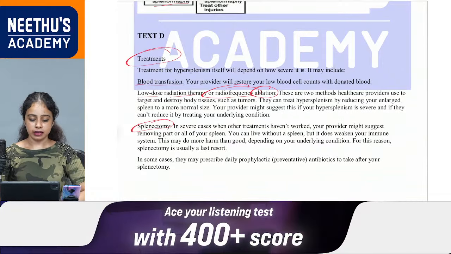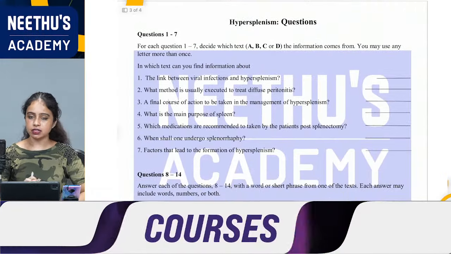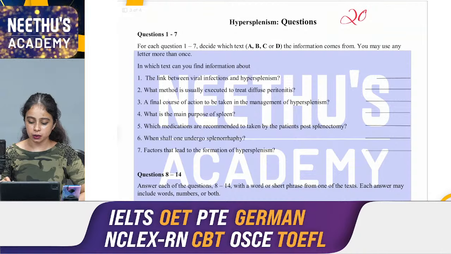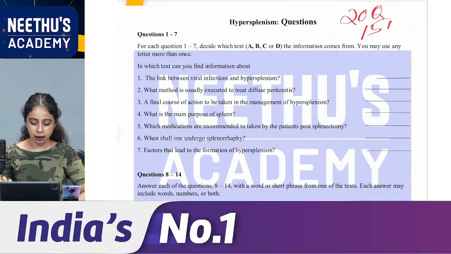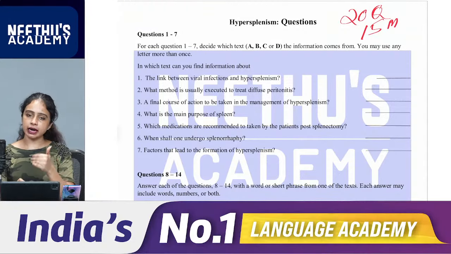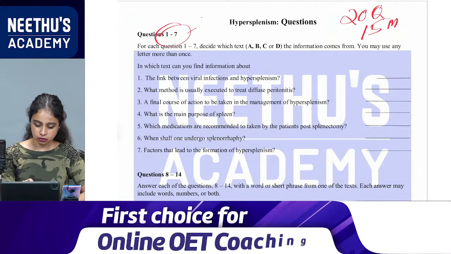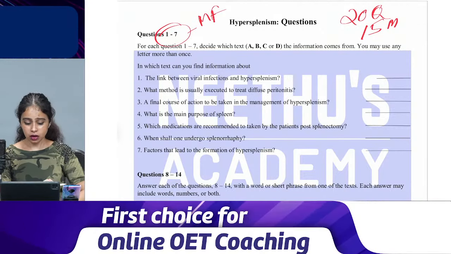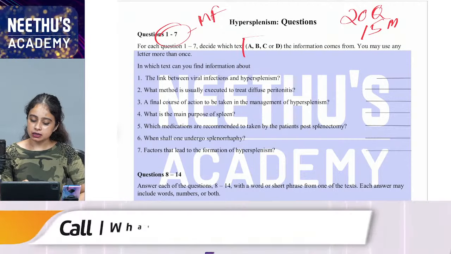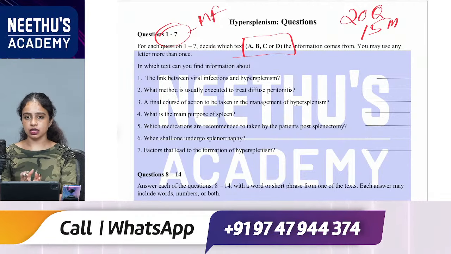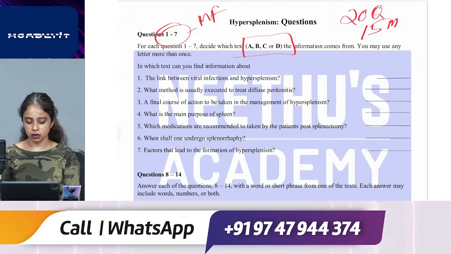Yes. Then now we are moving to the first question. So we have 20 questions in total and 15 minutes. So what about the category of question? The 1 to 7 set of questions can be called match the following. So maybe it is in text A, B or C, or D. You can locate your answers. Okay, so the first one.